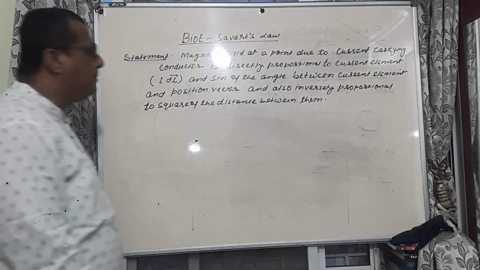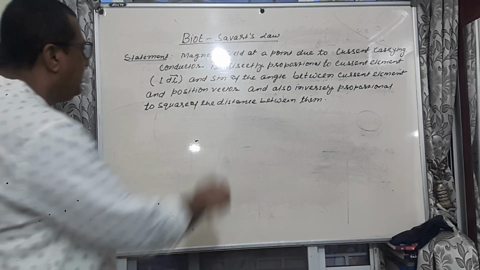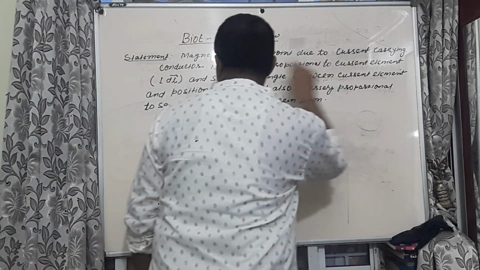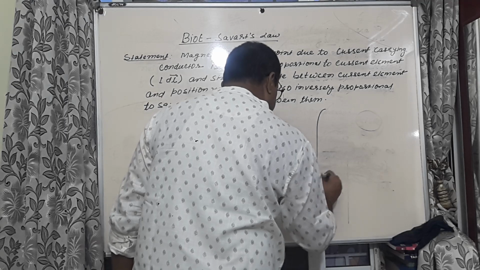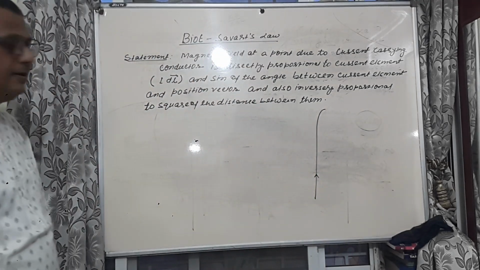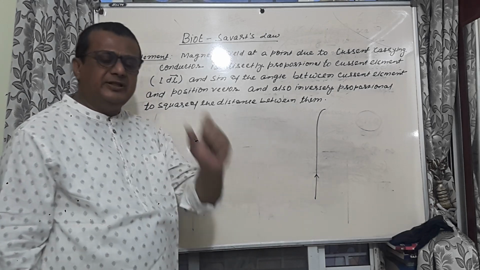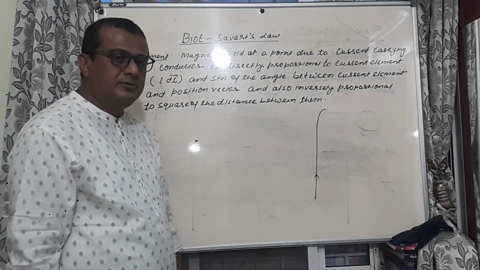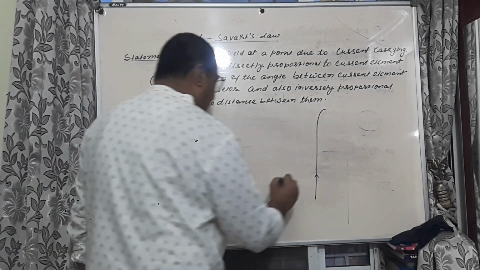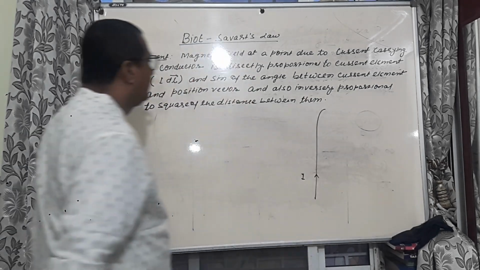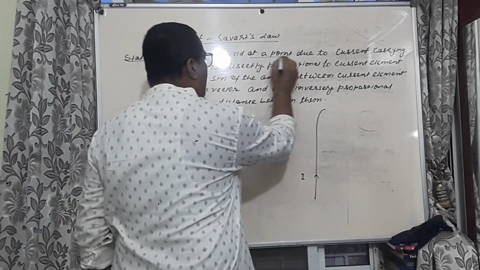This is the statement of Biot-Savart. He told magnetic field at a point due to current carrying conductor. This is the current carrying conductor. Current is flowing. There is a wire which is connected with a source due to which current is flowing here. This is the current I. Magnetic field at a point, any point.